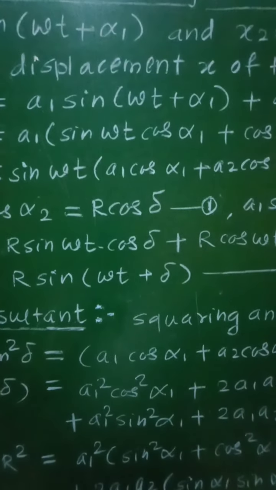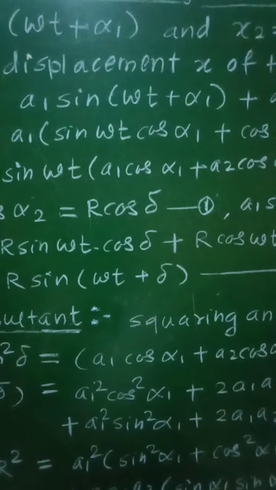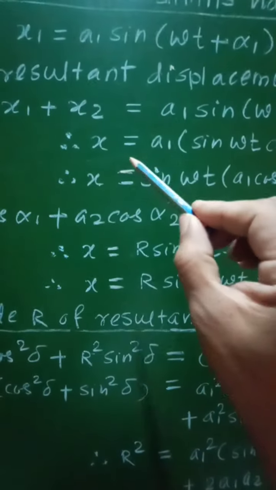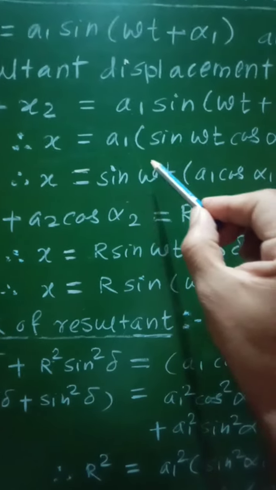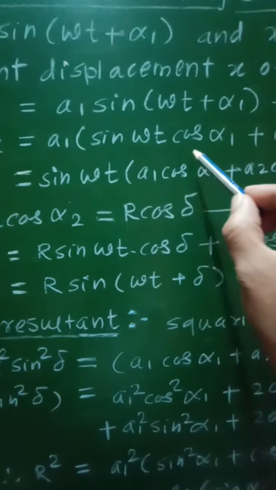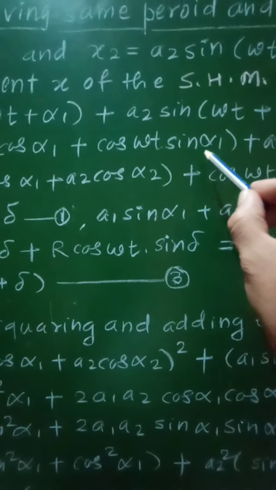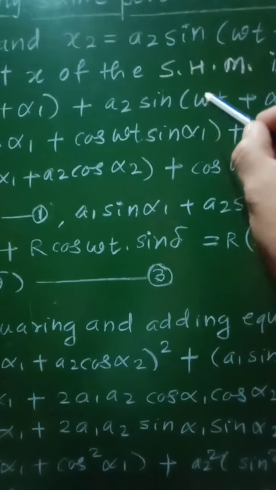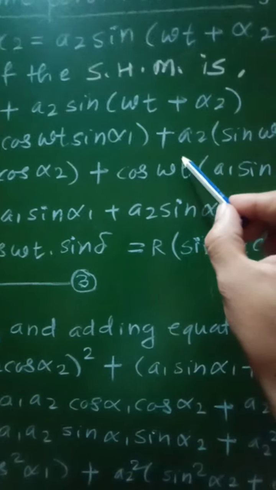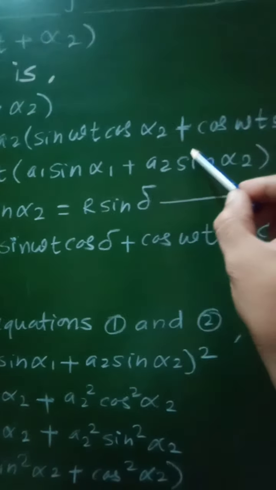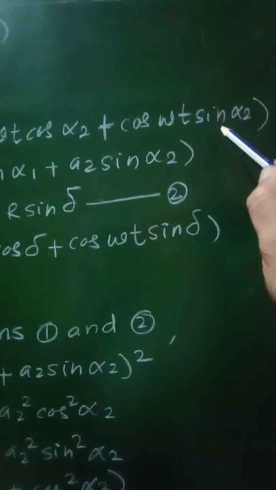Therefore, x will be equal to a1 into (sin omega t cos alpha 1 plus cos omega t sin alpha 1). Similarly, second, plus a2 into (sin omega t cos alpha 2 plus cos omega t sin alpha 2).